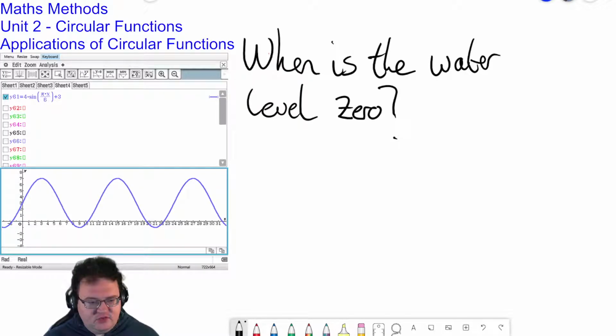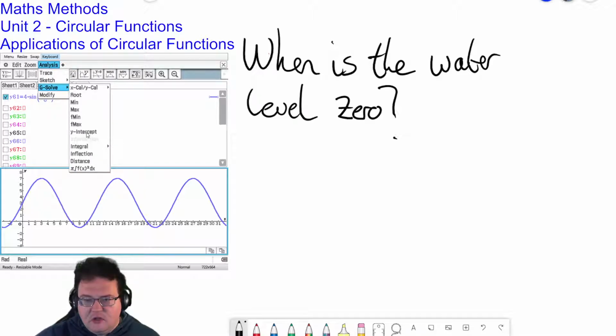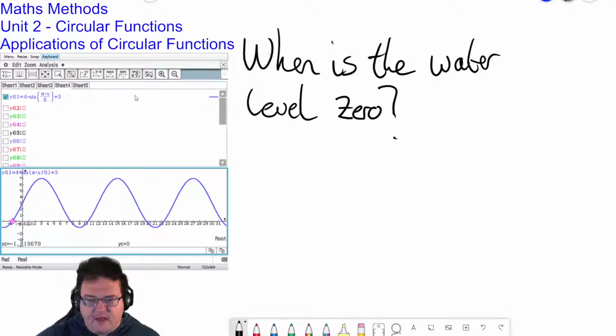When is the water level 0? I'm trying to find the x-intercepts. So, in this case here, we'll go analysis, gsolve, root, and that will pick up our x-intercepts.